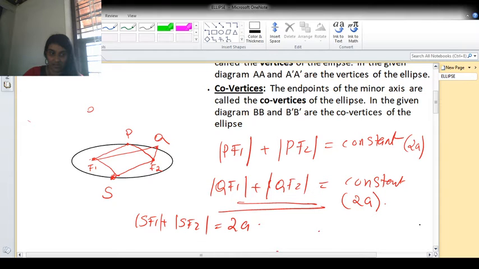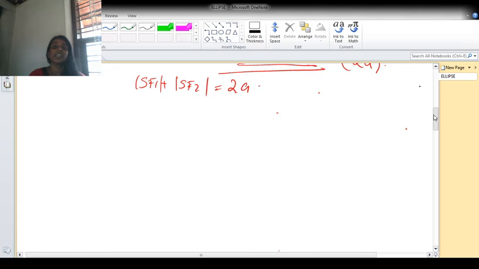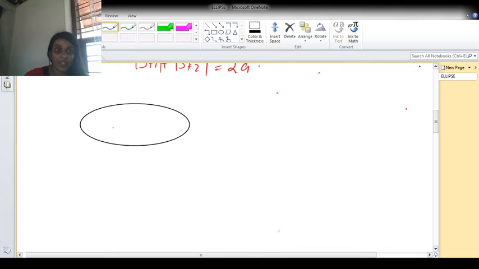Next we can see what the important terms in the ellipse are. First of all, I wrote two foci, F1 and F2. F1 and F2 are two fixed points. These fixed points are called foci.